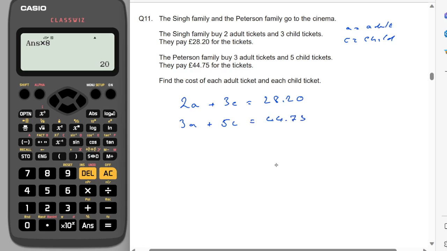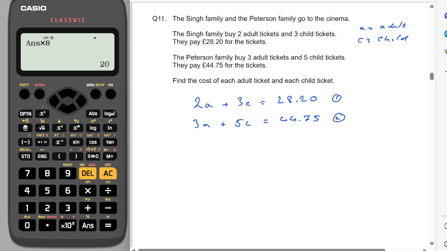I'm going to call this equation 1 and this equation 2. And I either make my A coefficients the same size, which would be the lowest common multiple of 2 and 3, which would be 6, or my C coefficients the same, lowest common multiple of 3 and 5 would be 15. So I'm going to go for making my A coefficients the same size.